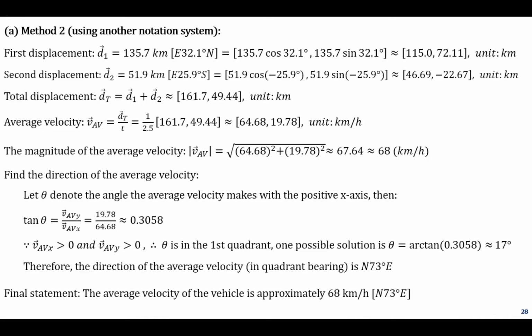Therefore, the direction of the average velocity in quadrant bearing is 73 degrees east of north. So we can make the final statement because we know the magnitude and the direction. The average velocity of the vehicle is approximately 68 kilometers per hour. The direction is 73 degrees east of north.